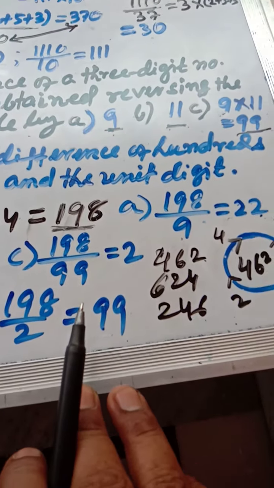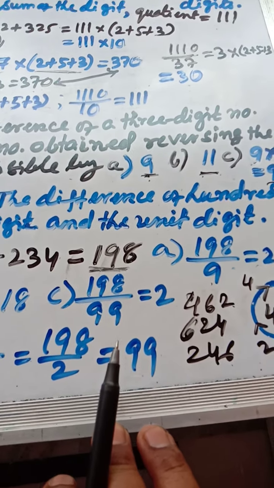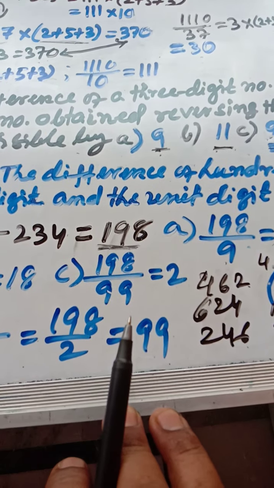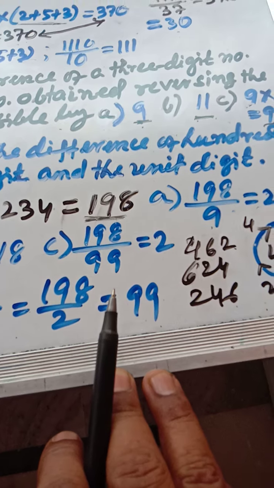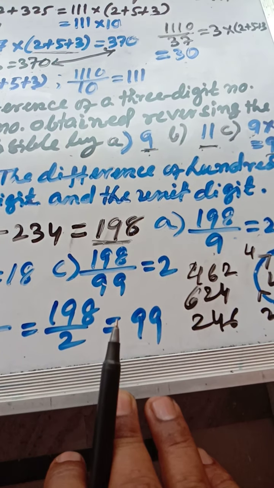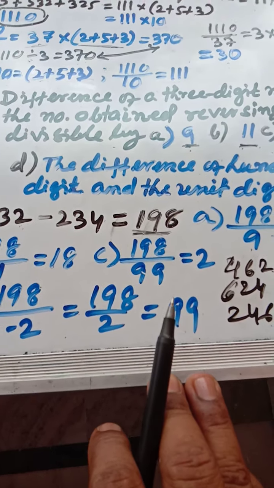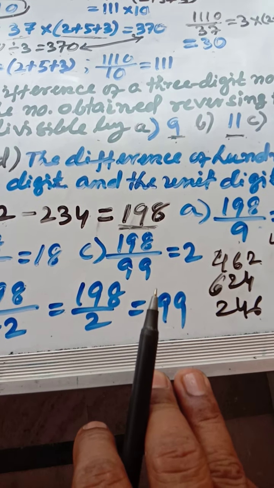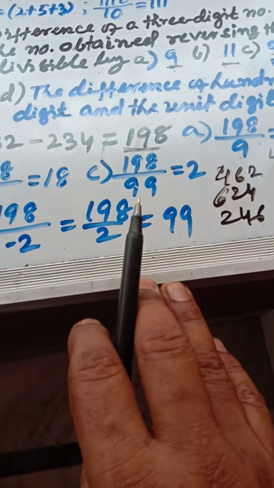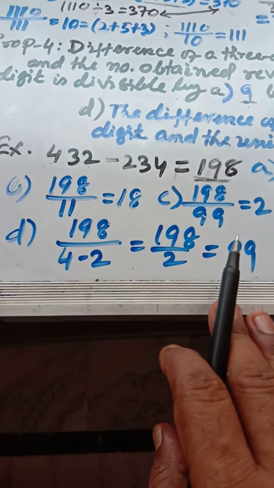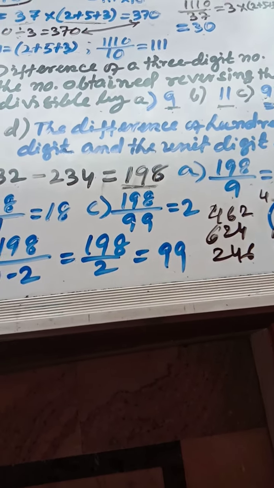Dividing by 9, the quotient is 11 into the difference of the 100s digit and the 1s digit. Dividing by 11, the quotient is 9 into the difference of the digits. Dividing by 9 into 11, the quotient is only the difference of the digits. Dividing by the difference of the digits gives 11 into 9, that is 99. That is all about the property.